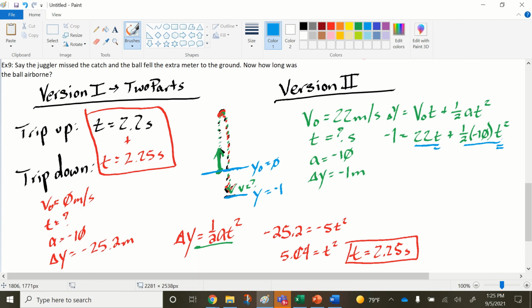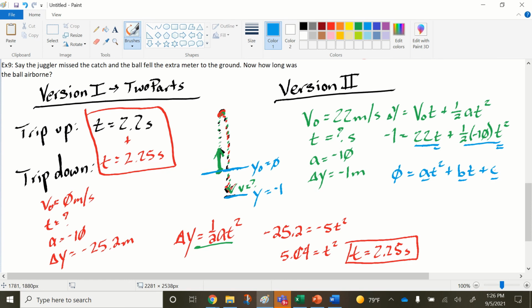If you're solving for that variable, you've got to rearrange the whole thing so that it fits the quadratic formula. Rearrange the whole thing so it's set equal to 0. Basically, you could add the 1 to both sides, keep the negatives in the correct spot, and then you can plug it into the quadratic formula and solve for t.